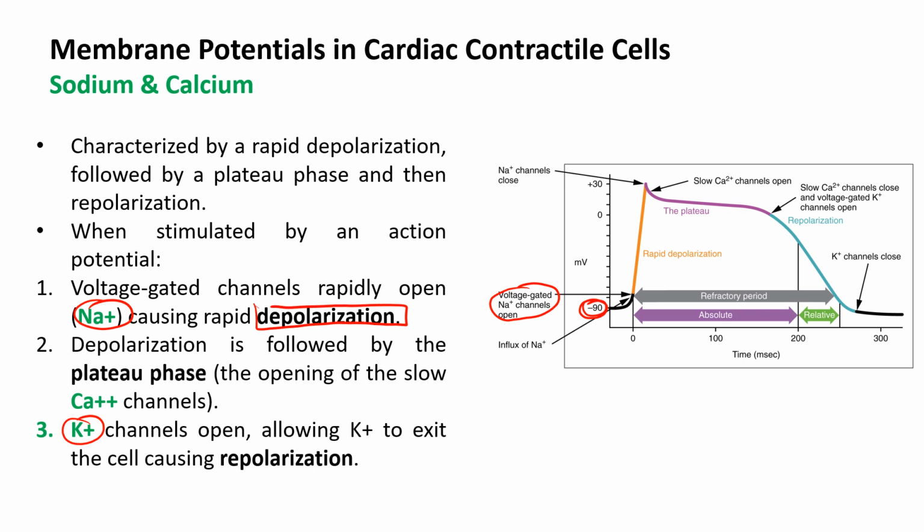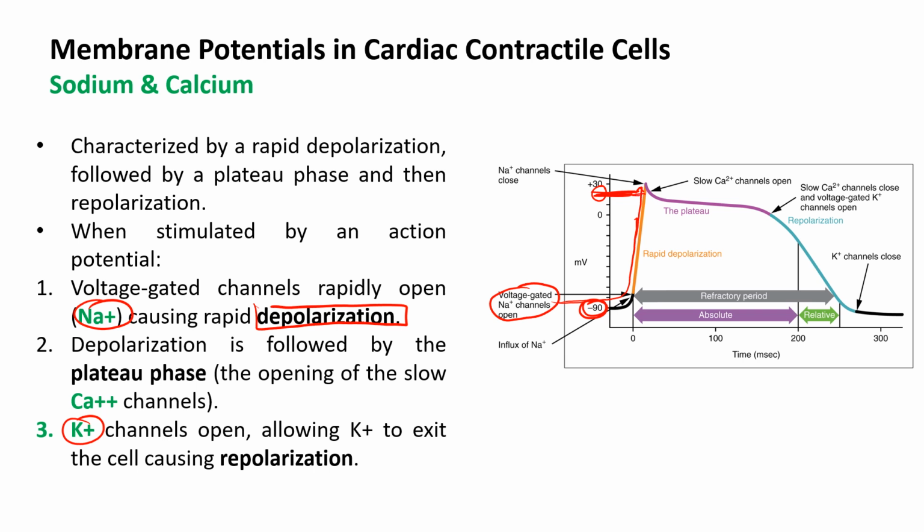Because sodium has a positive charge, and we have more sodium outside of the cell than inside of the cell by concentration gradient, the sodium gets inside of the cell. As all the channels open at once, sodium starts getting inside of the cell, and the cell starts changing from negative to positive. At some point, that change in voltage is what we call an action potential.